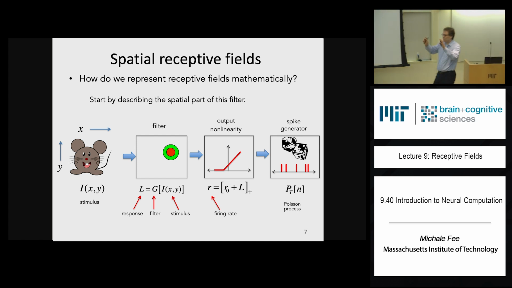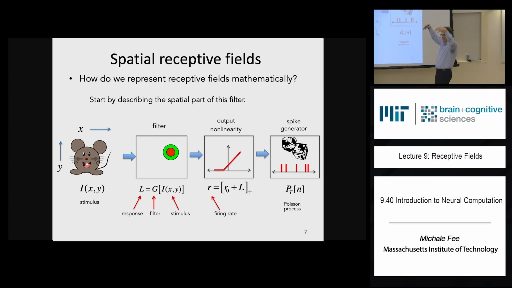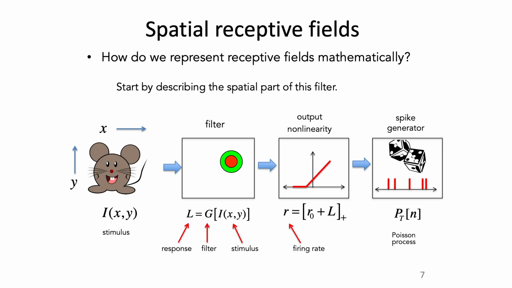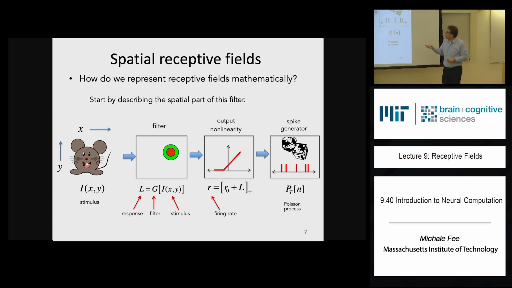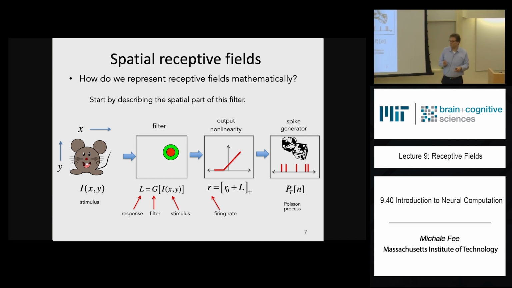At the simplest level, you can imagine that you have a sensory periphery that has neurons in it that detect, let's say, light at different positions. Those neurons send axons that then impinge on the neuron that we're modeling right here. And the pattern of those projections, both excitatory and inhibitory, from the periphery would give you this linear filter. And then this nonlinearity would be a property of this neuron that we're modeling.